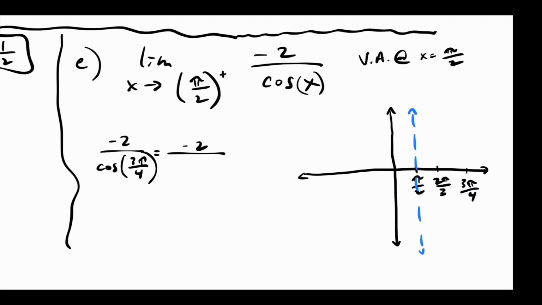What is cosine of 3 pi over 4? Negative root 2 over 2. So it's negative 2 times 2 over negative root 2.